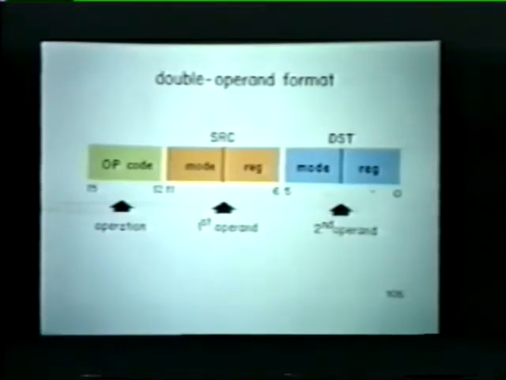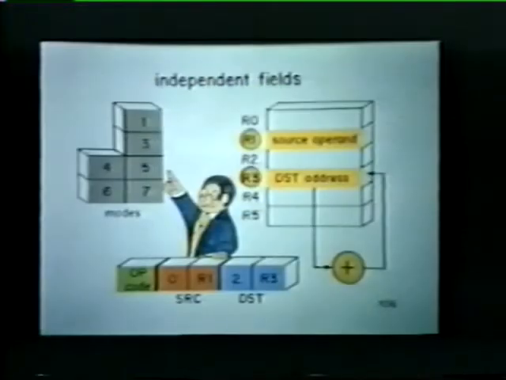Thus, the double operand format consists of an opcode specifying the operation to be performed, a source field which provides information allowing us to find the first operand, and a destination field allowing us to find the second operand. These source and destination fields are completely independent. In each of the fields, we can use any addressing mode with any general purpose register.